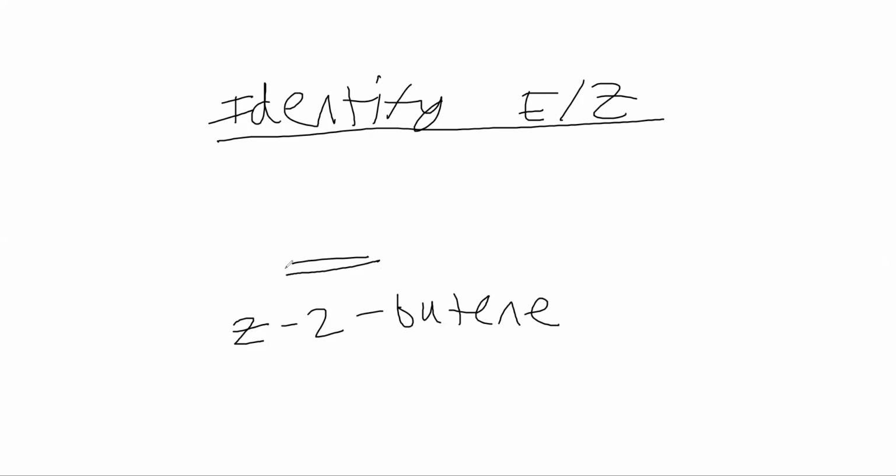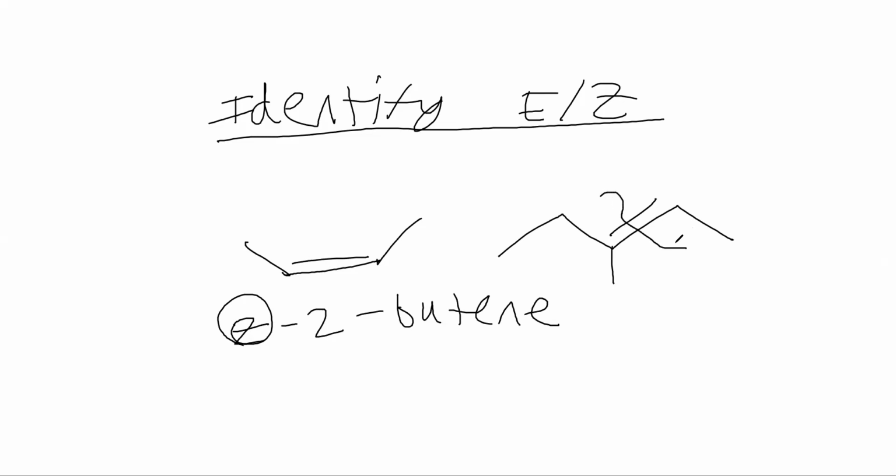So we have two methyl groups here and we're told that it's cis, so they have to be facing in the same direction. Or you might be asked to draw Z-2-butene, or you're given a structure and asked to identify if it's E or Z or name it, and just be able to identify that.